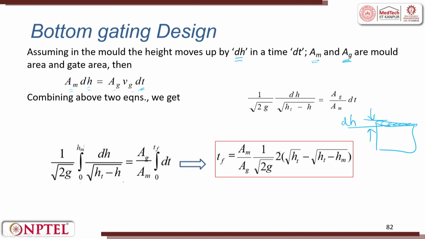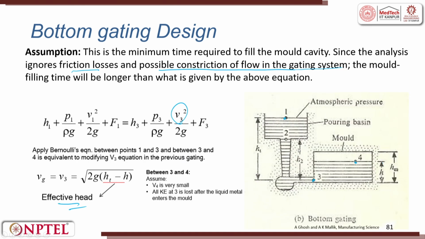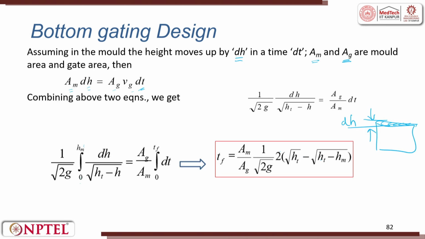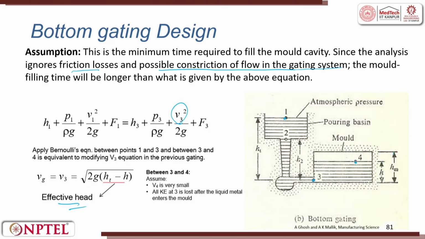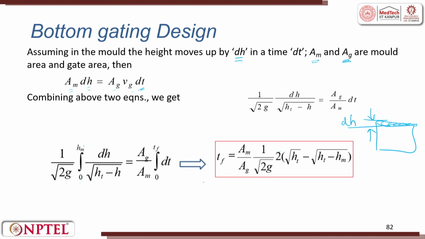After solving the equation, the mold filling time will be area of the mold by area of the gate, 1 by root 2g, 2 into root Ht minus root of Ht minus Hm. What is root Ht? Ht is the total height from 1 to 3. Where is Hm? Hm is the mold height. So, with this we get the mold filling time for bottom gating system.